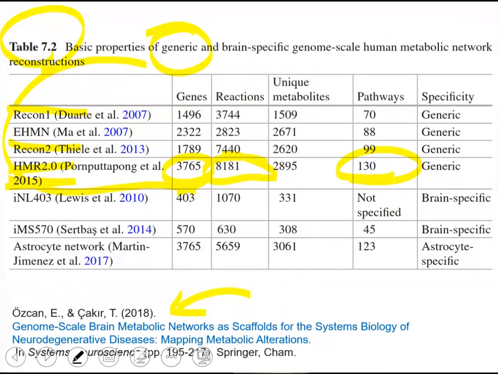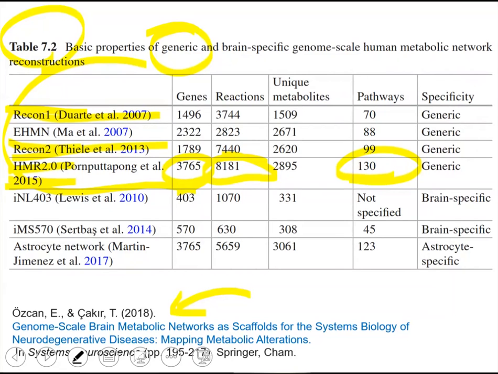So in these generic metabolic networks, all possible reactions were included without making any distinction between organs or tissues. But if you want to specifically analyze a specific organ by using a metabolic network approach, you will need organ-specific or tissue-specific genome-scale metabolic networks.